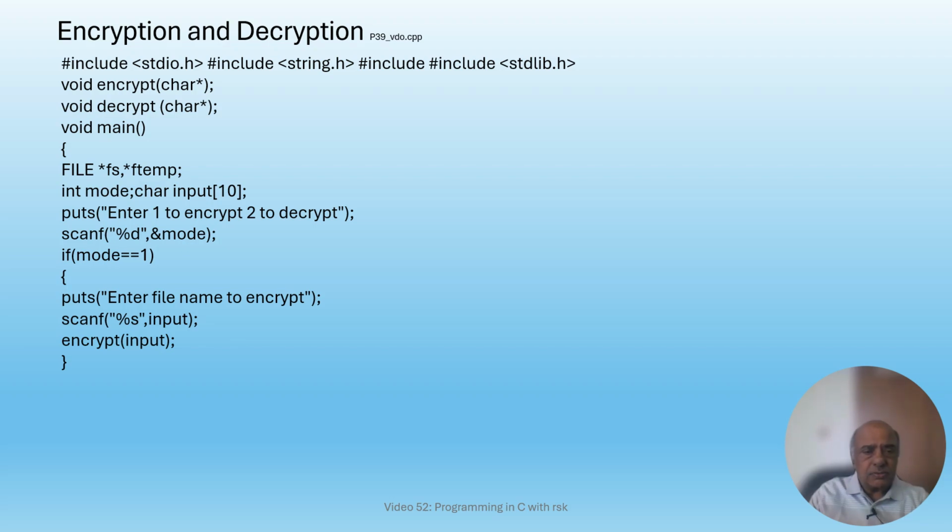Then there are certain variables. Well, the main crux of this code is that the program prompts the user to input his choice, either 1 for encrypting a file or 2 for decrypting the file. And as per the mode, either the encrypt function or the decrypt function will be called.